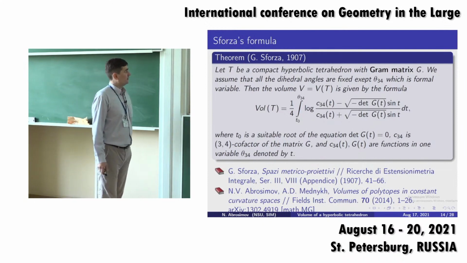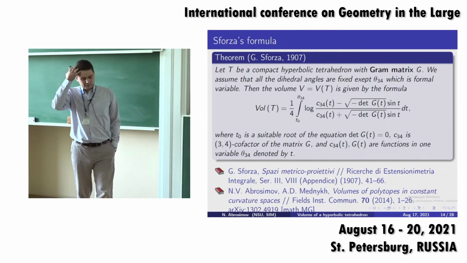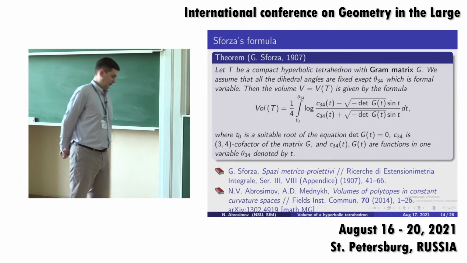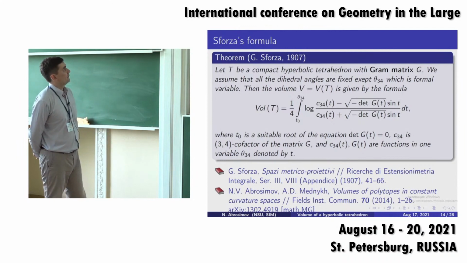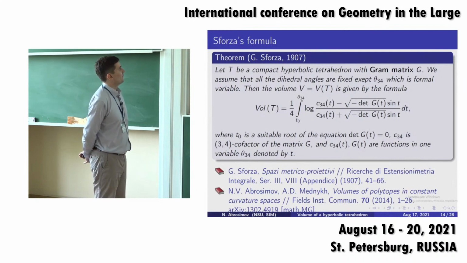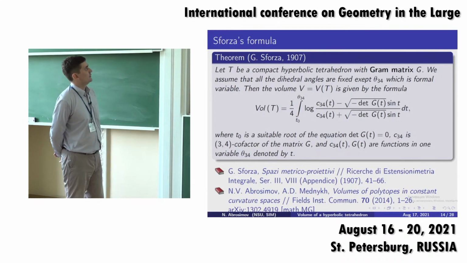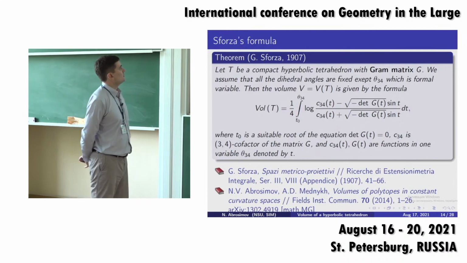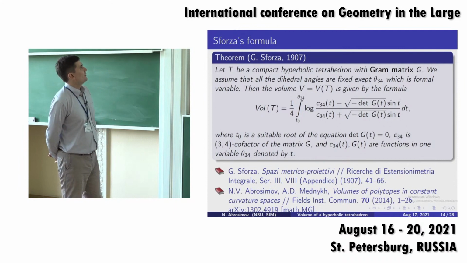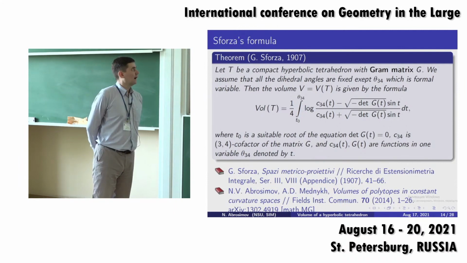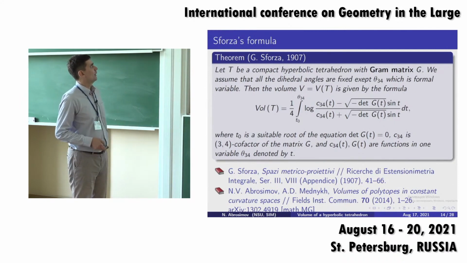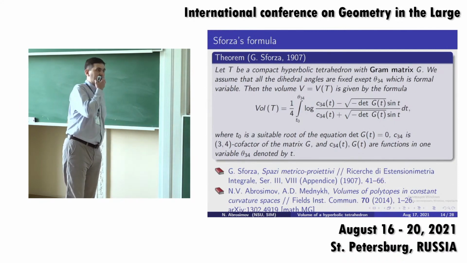Surprisingly, more than 100 years ago, the Italian mathematician Sforza already found a formula for the volume of an arbitrary hyperbolic tetrahedron. This formula is shown on this slide. The main trick by Sforza is that we assume that all the dihedral angles are fixed except one, for example theta 3,4, which is a formal variable.